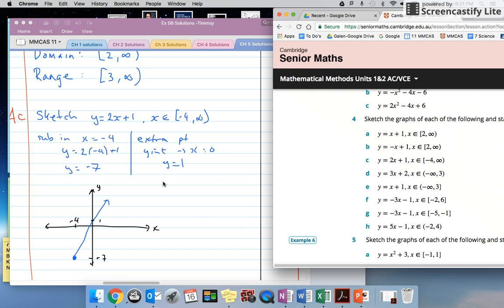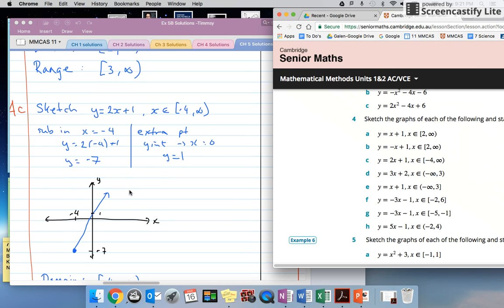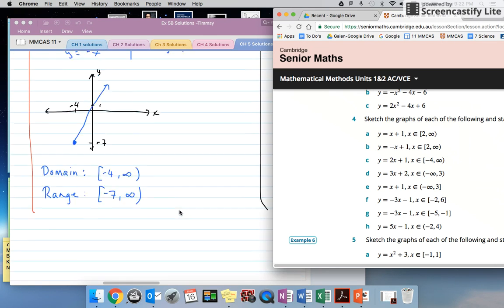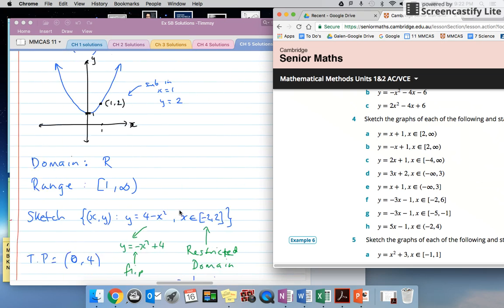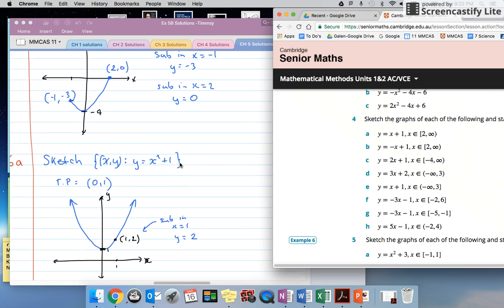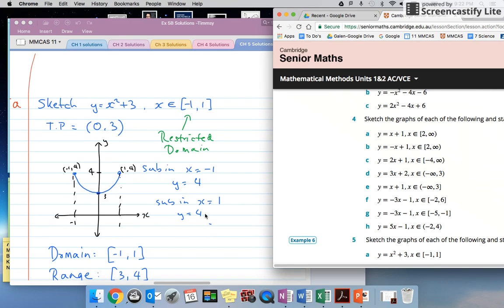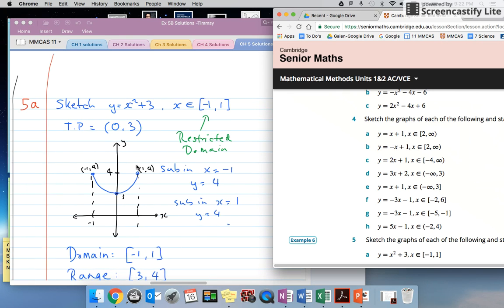The hardest part with these is really just sketching the graph, but they're pretty straightforward. Once again, restricted domain, so we can put in that value so we know it's there. And then our infinity, so we find another point. So just our domain and range. You can use a CAS calculator to help you with these if you want to, but they're pretty straightforward.